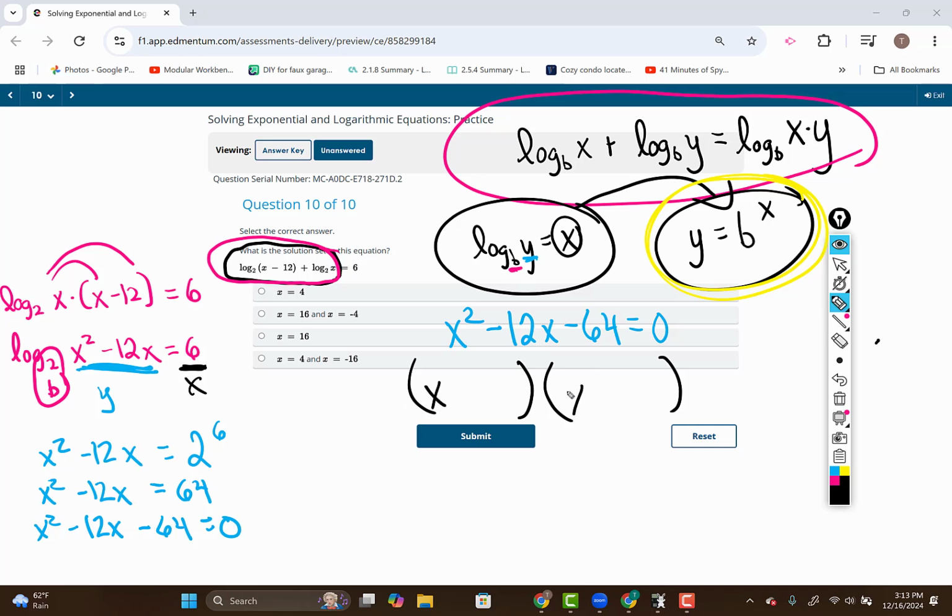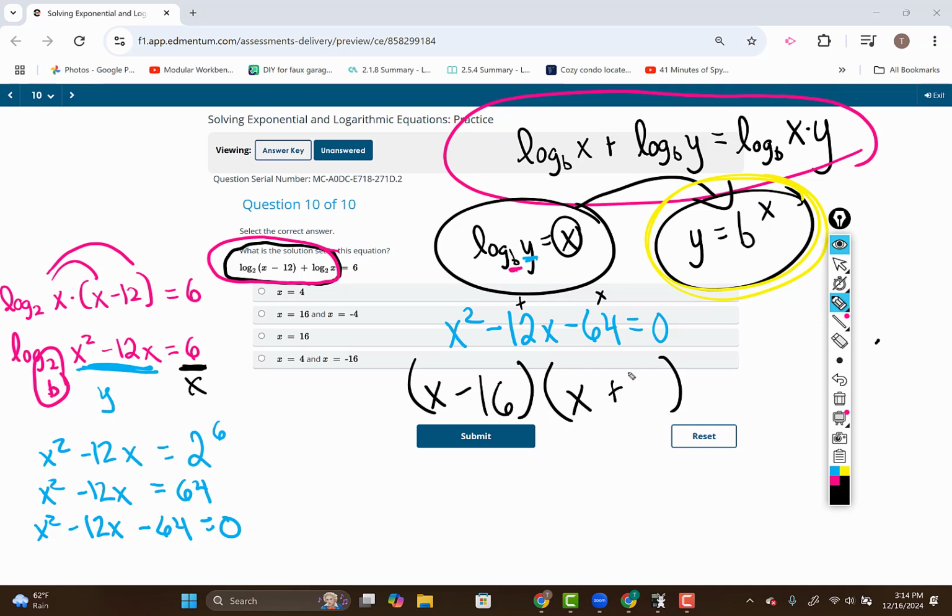We're looking for two numbers that multiply together to give us negative 64 and add together to give us negative 12. So 32 and 2 multiply together to give us 64. 4 and 16, I think that's the winner.